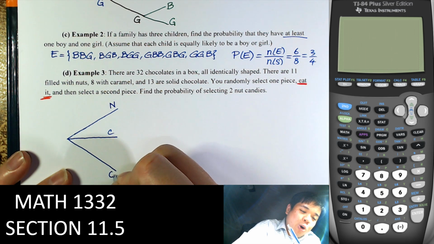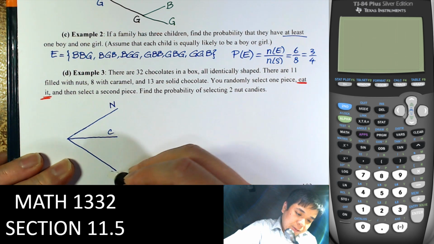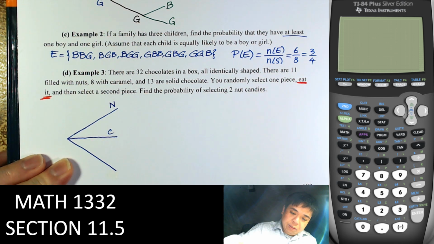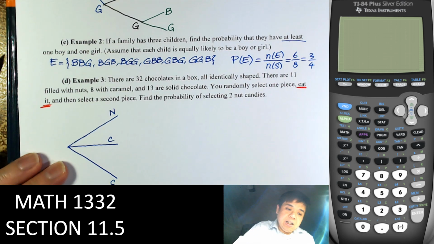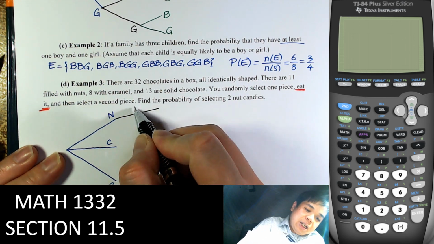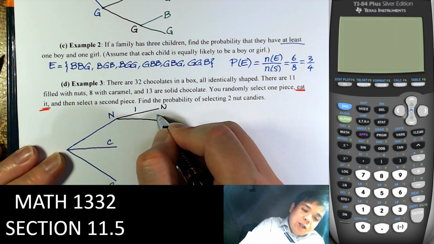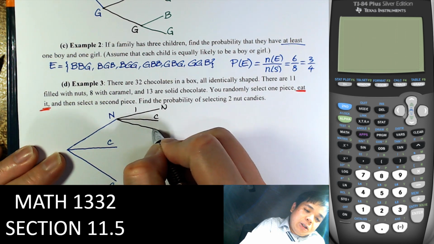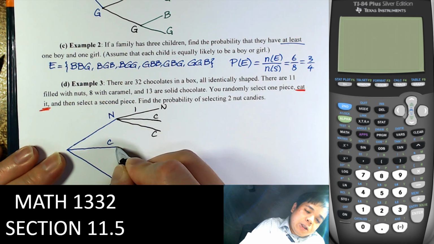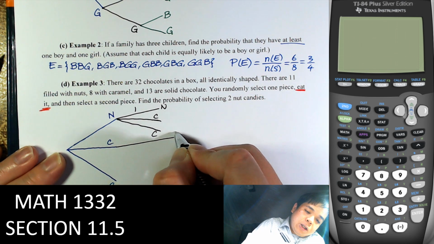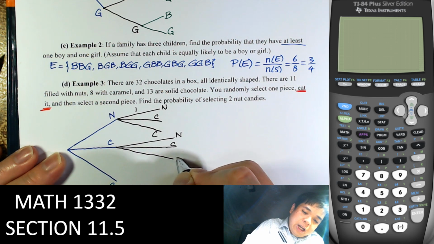Let's use N for nut, C for caramel, and S for solid. You eat it, and after that we have the second case: nut, caramel, and solid, for each first choice.